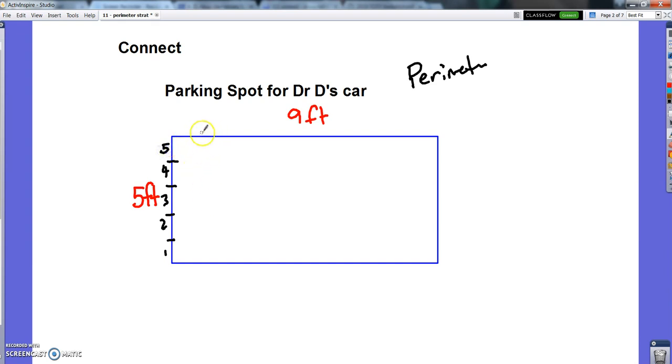And then we partitioned this into 9. And then we drew these all the way across for the area, but we wouldn't really need to do it. We're not looking for the area today, so we would have just done the 5 feet over here, 1, 2, 3, 4, 5, and the 9 feet over here.